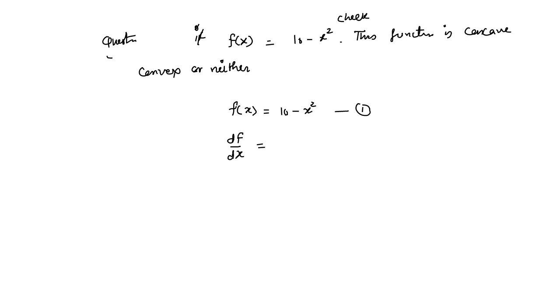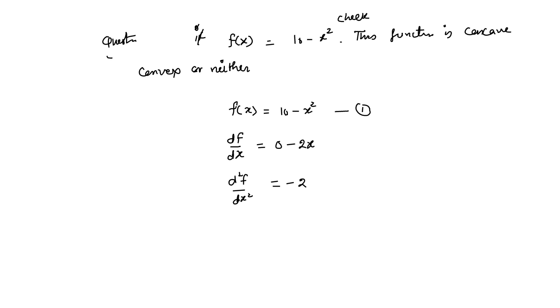When we obtain the first derivative, tan is a constant, its differentiation is 0, so 0 minus 2x. And second, we check the value of d square f upon dx square. So d square f upon dx square gives us minus 2, which is constant.